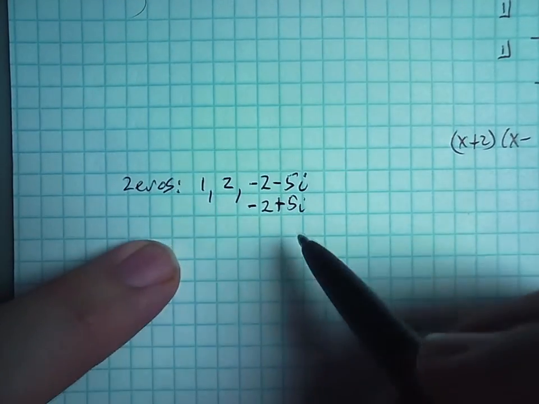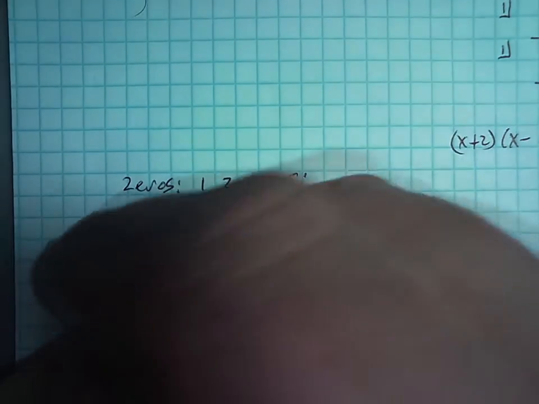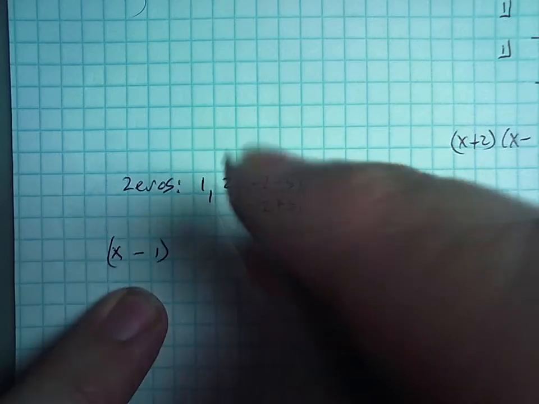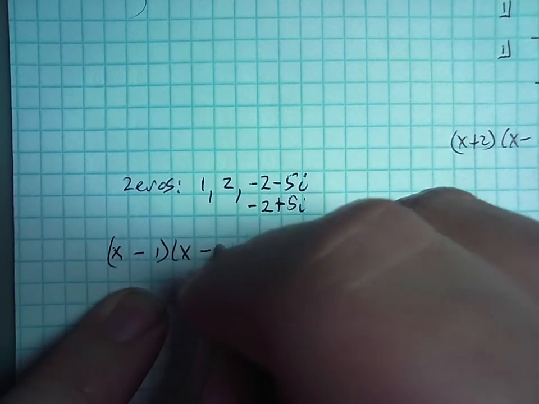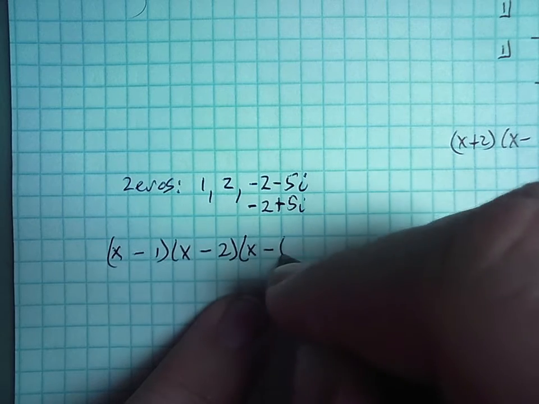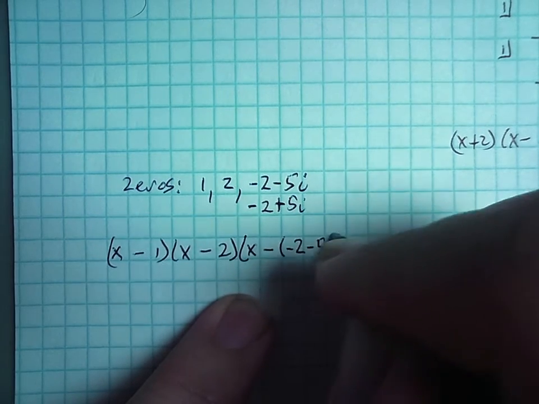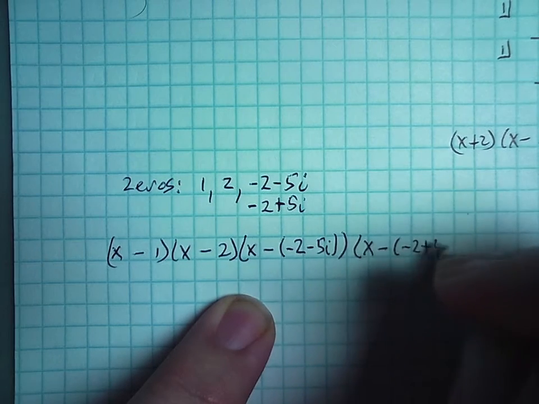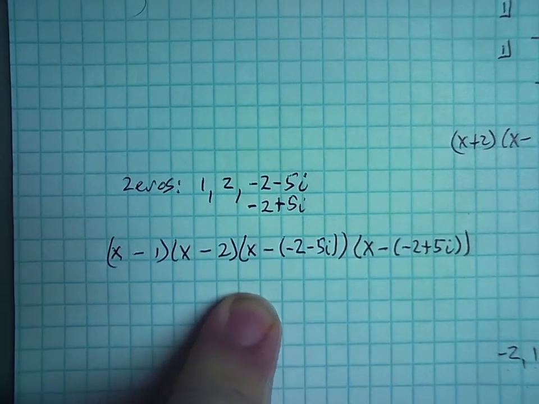Now, each one of these zeros corresponds to a factor. The first one then, x minus 1, because 1 is one of my zeros. Because 2 is one of my zeros, I get x minus 2. x minus negative 2 minus 5i, and x minus negative 2 plus 5i.